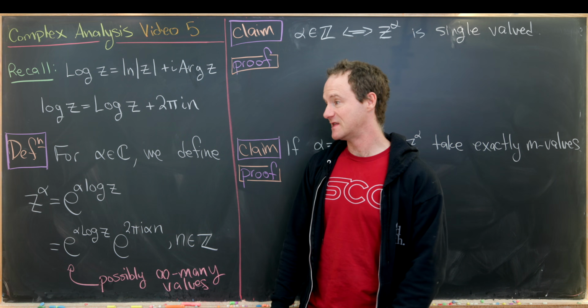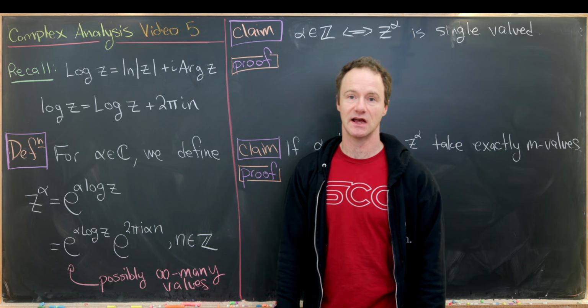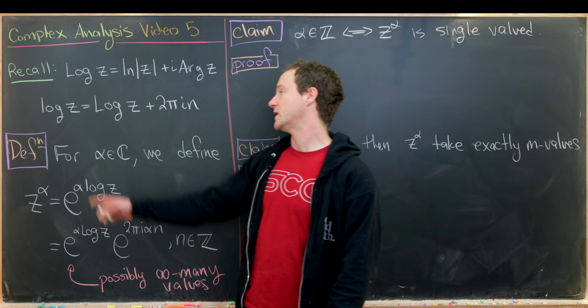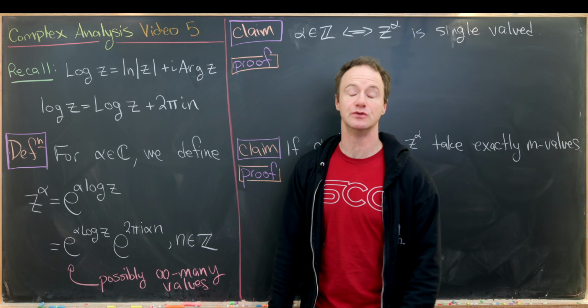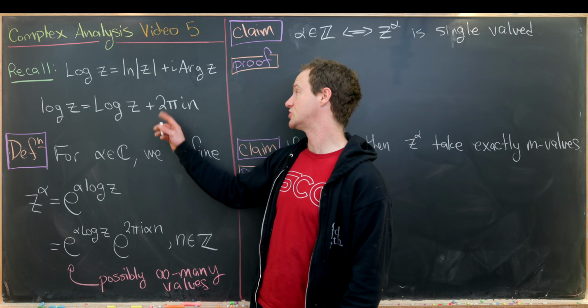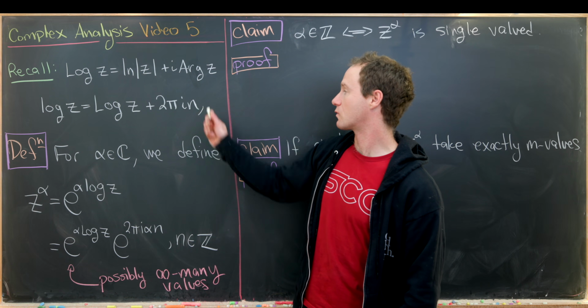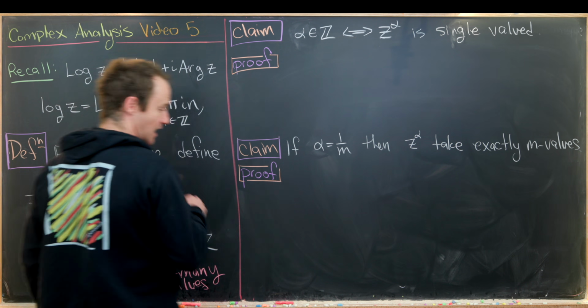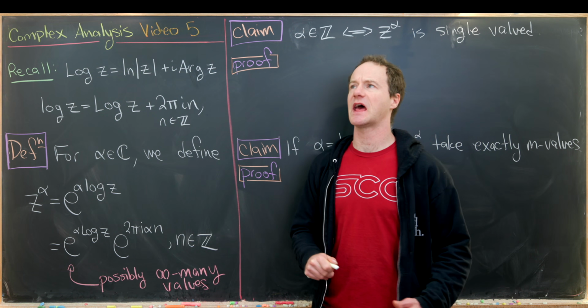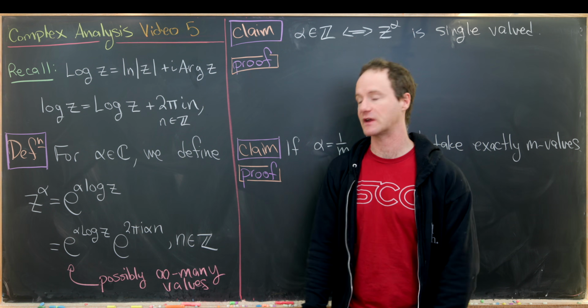Now, if we extend this to a multi-valued function denoted by lowercase log z, we can say that log z is equal to uppercase Log z plus 2 pi i n, and these n run over all integers.